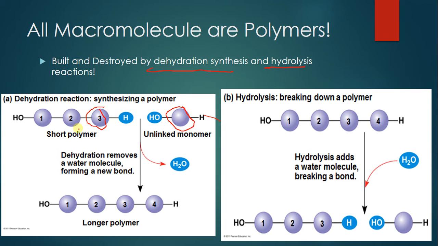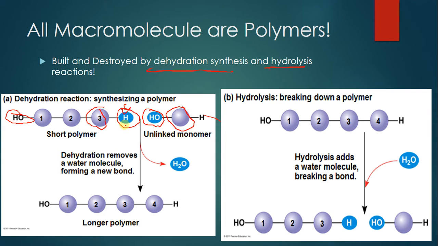Branching off of them, we have different functional groups, and some of them are hydroxyl groups like this, and some are hydrogens. And so basically a dehydration synthesis reaction is when the hydroxyl group of one unlinked piece comes close to the hydrogen of another unlinked piece.